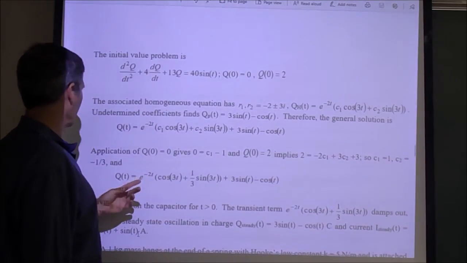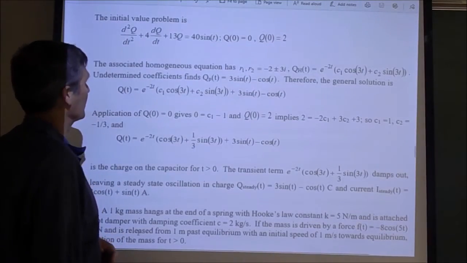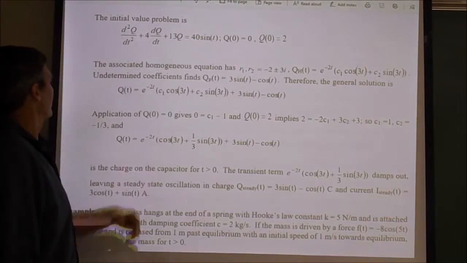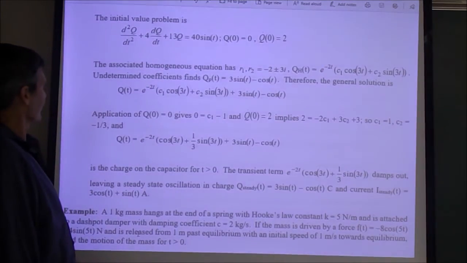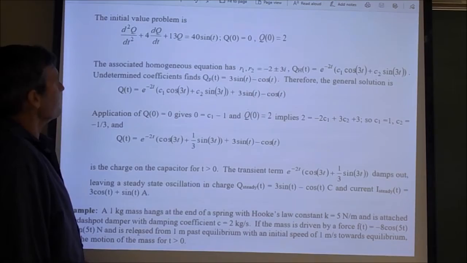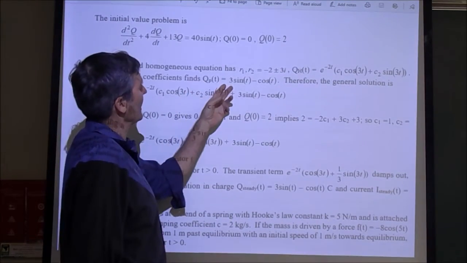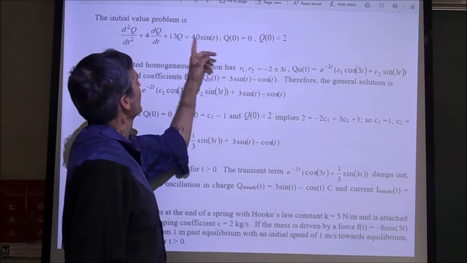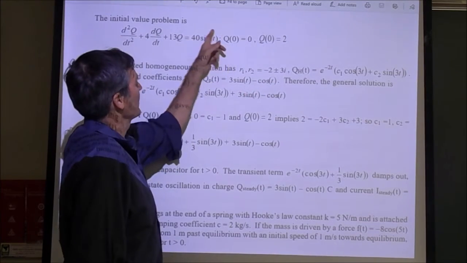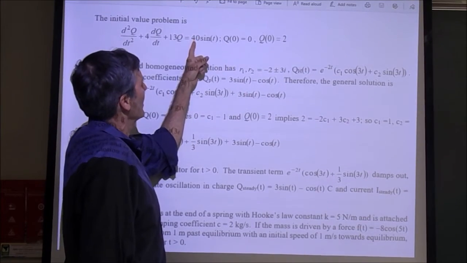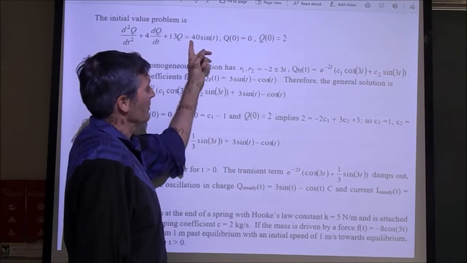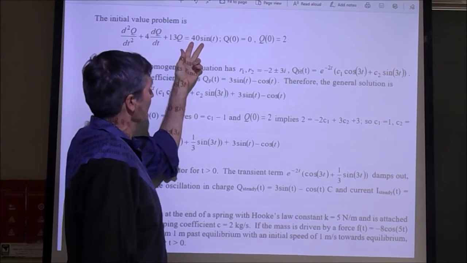But now we need to add a particular solution due to the fact that it's actually driven this time. If you plug in a particular solution, A sine t plus B cosine t, which is what, remember the table of undetermined coefficients, if you have a number times sine or a number times cosine, either one, you generally need both terms.